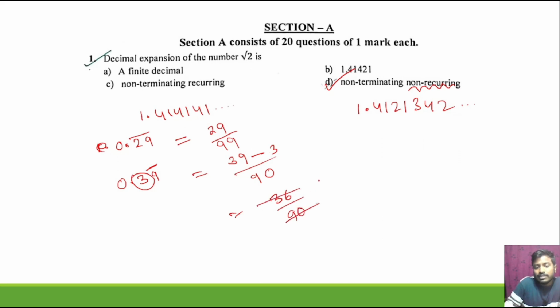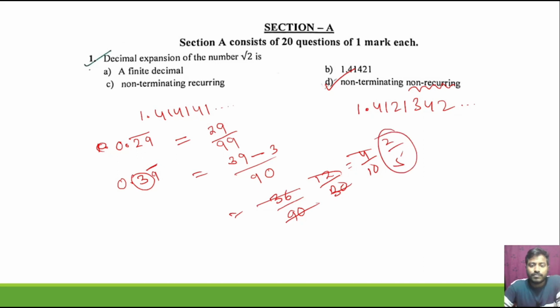Okay, cancel: 3 12 ja, 3 30 ja, then 3 4 ja, 3 10 ja, 2 ja, 2 5 ja. So answer is 2 by 5. Sorry, 39. Next question.